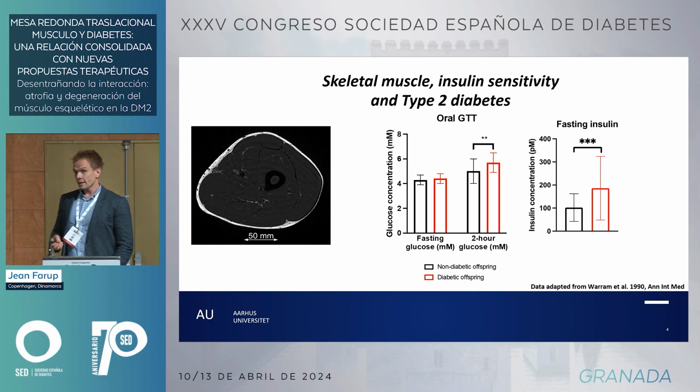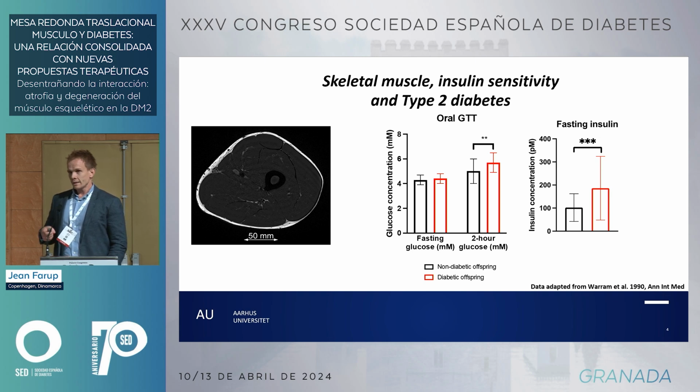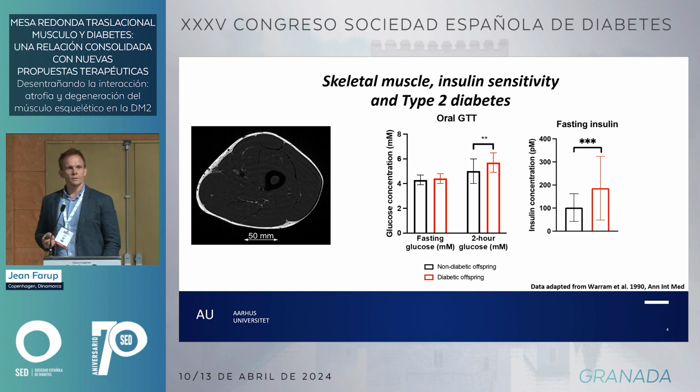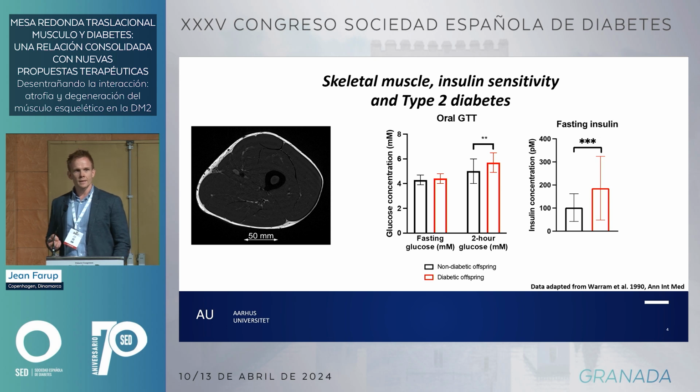This was elegantly demonstrated more than 30 years ago by Ron Kahn's group, in which they showed that even decades before the onset of type 2 diabetes, you can detect changes in the insulin sensitivity of skeletal muscle, allowing skeletal muscle to predict the later onset of type 2 diabetes. Now, of course, this has spurred a great deal of research into understanding how we can prevent, or at least delay, the onset of type 2 diabetes.